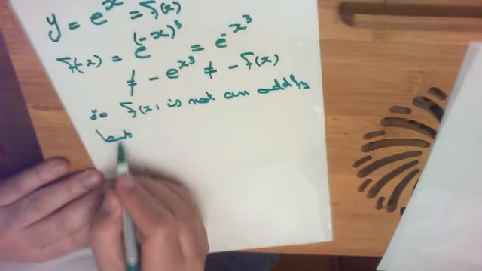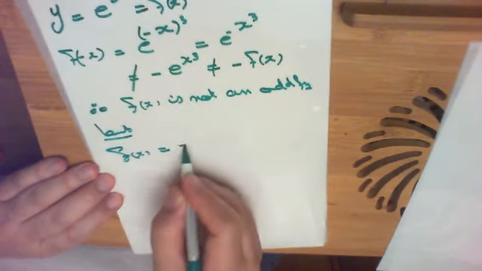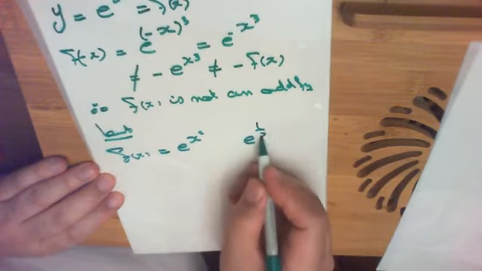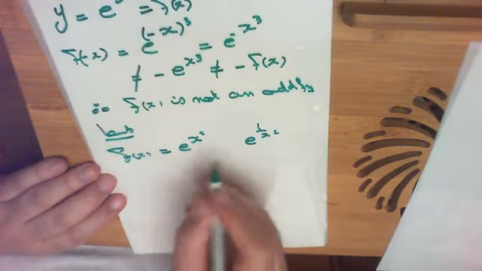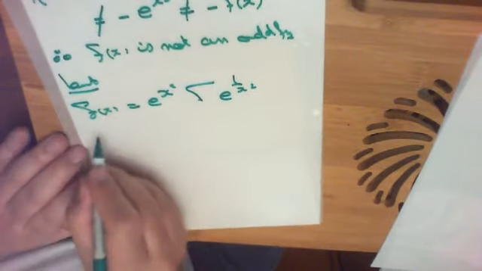But a few seconds ago, f of x equals e to x squared or e to 1 over x squared were both even functions. Why?